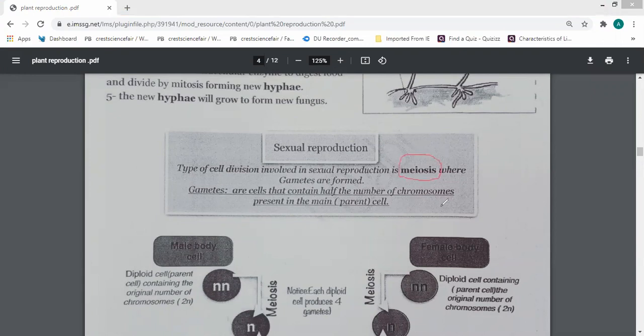Why does this type of reproduction involve meiosis division, not mitosis? Who can say this?